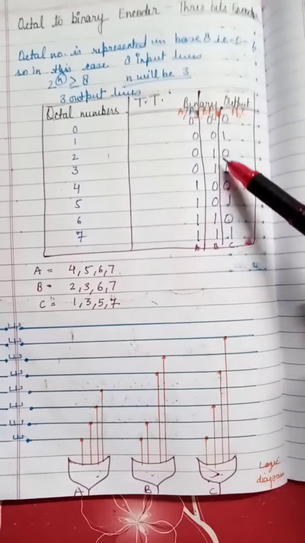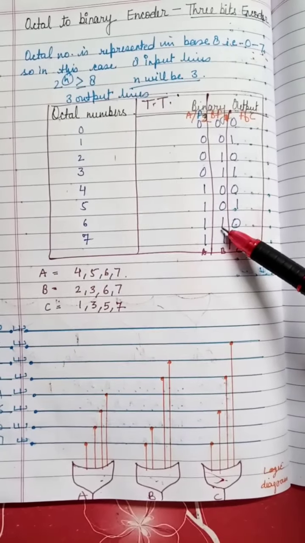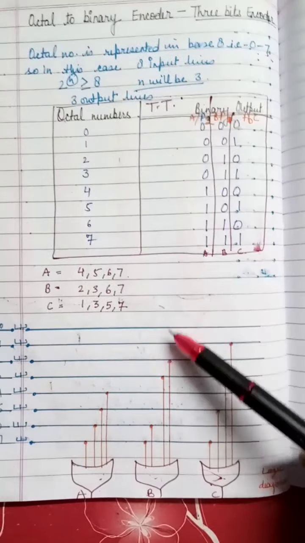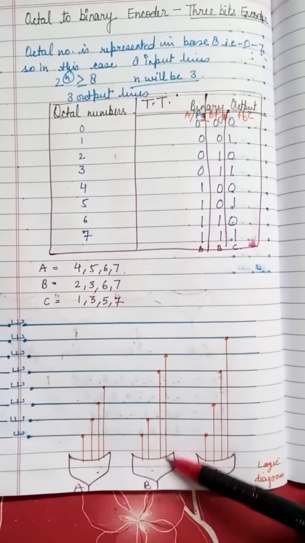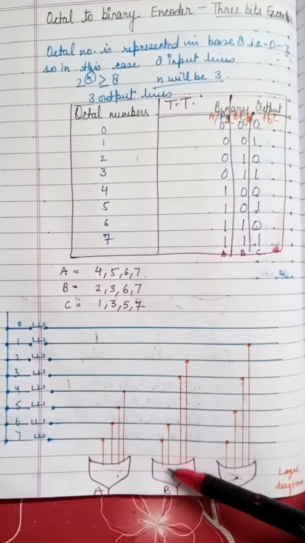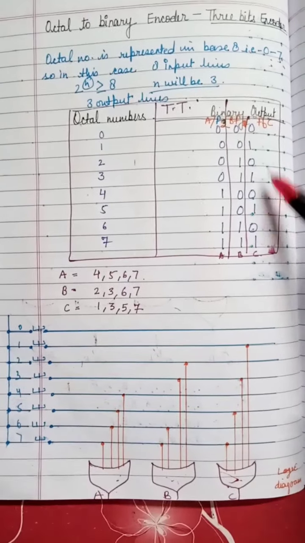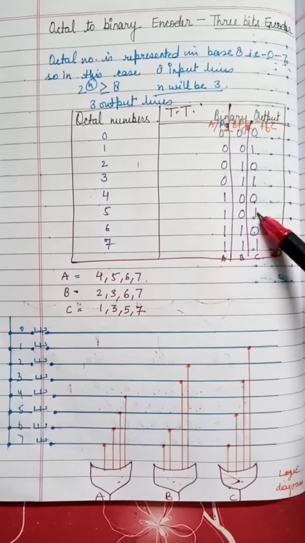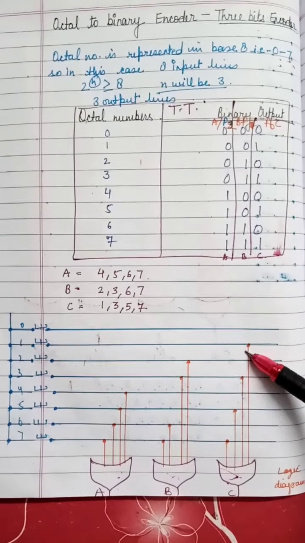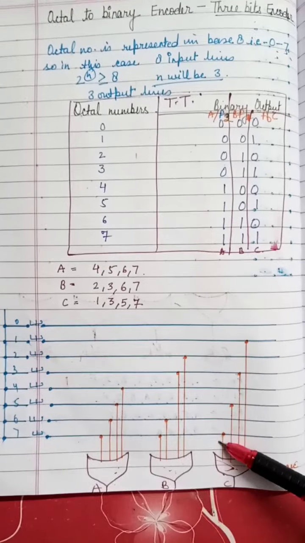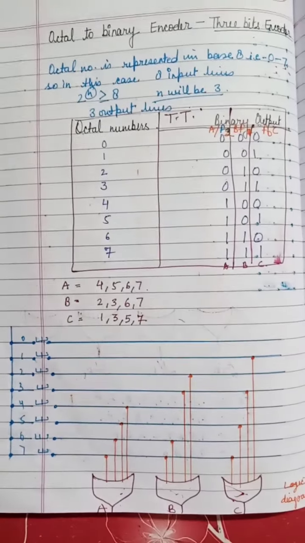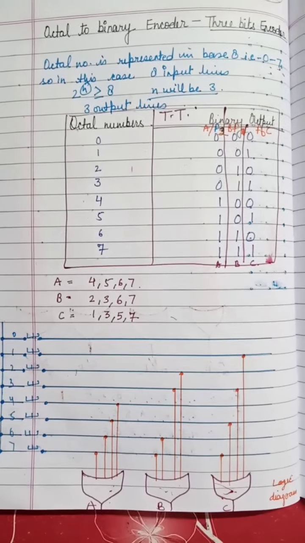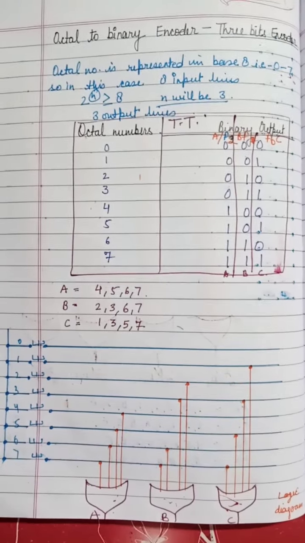Then in B, for 2, 3 and 6, 7 we are getting 1, so you will be making lines from 2, 3 and 6, 7 also. And in case of C, we get 1 for 1, 3, 5, 7. Draw the lines. Okay. This way you can make the logic circuit diagram very easily with the help of the truth table.